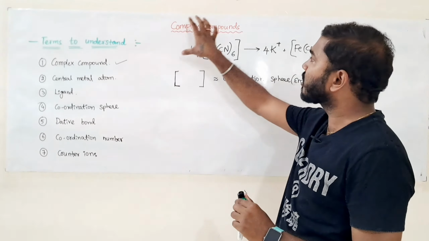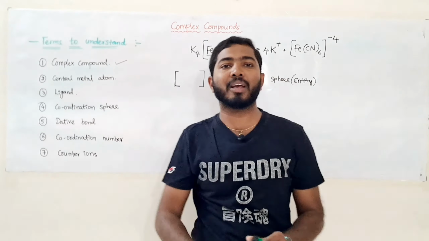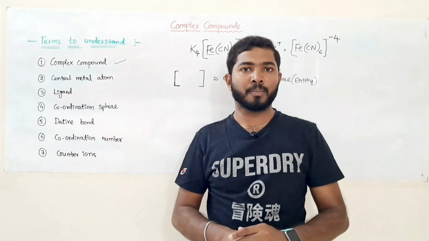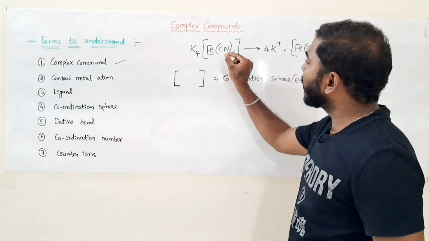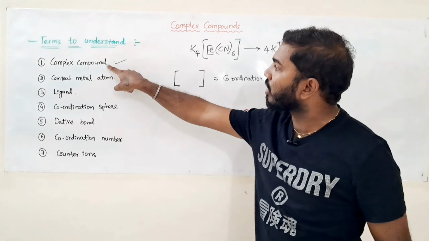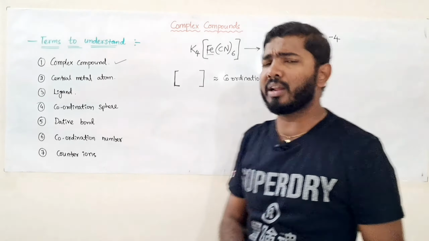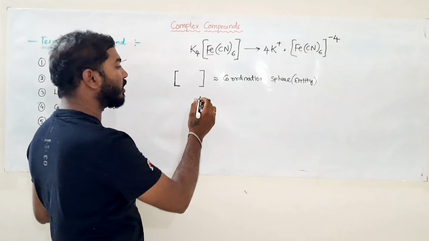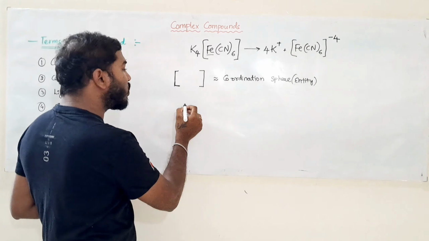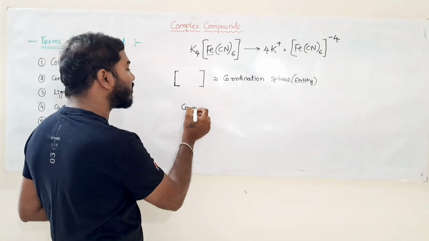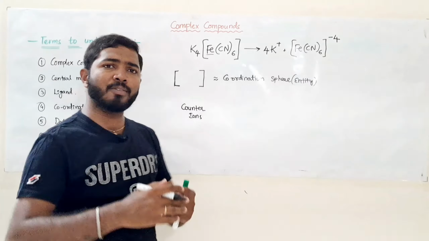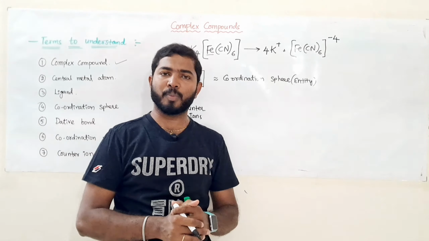So in this chapter, in the entire topic of complex compounds, we are going to deal mostly with dative bonds. Okay, so let me go through the terms here. Complex compounds, yes. I am going to give the general representation of complex compounds here. Counter ions are going to be present outside the coordination sphere. We may have any number of counter ions, there is no problem with that.